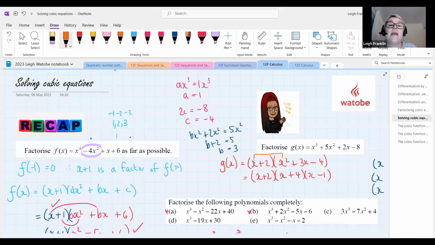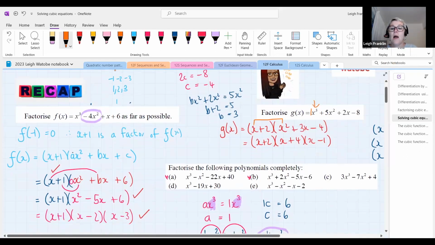That's where she's got ax cubed from. Then she's gone back here and looked at the x cubed term in the equation. It's 1x cubed, so that's why she's written 1x cubed over here. Okay, thank you, that's where it comes from. All right, well done.